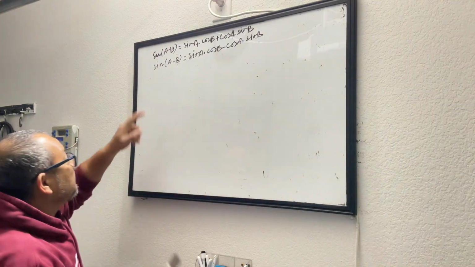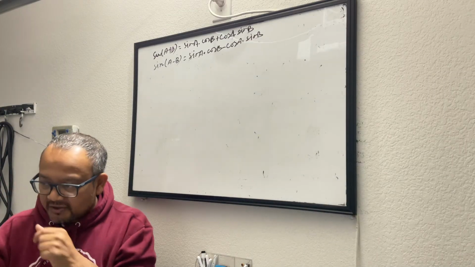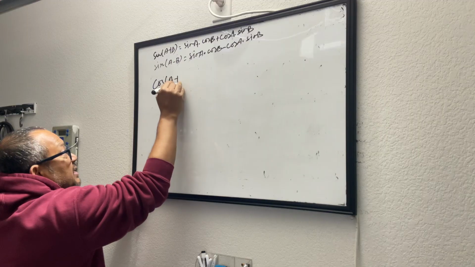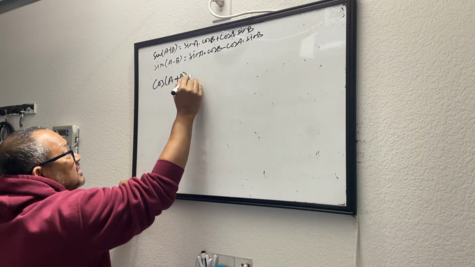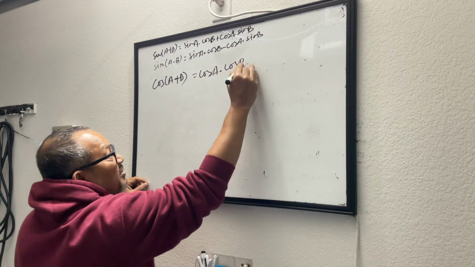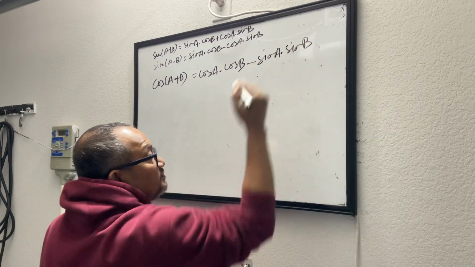That means there is a third formula that is in our weaponry that we can use hereafter, which says cos of A plus B equals cos of A cos of B minus sine of A sine of B. Okay.